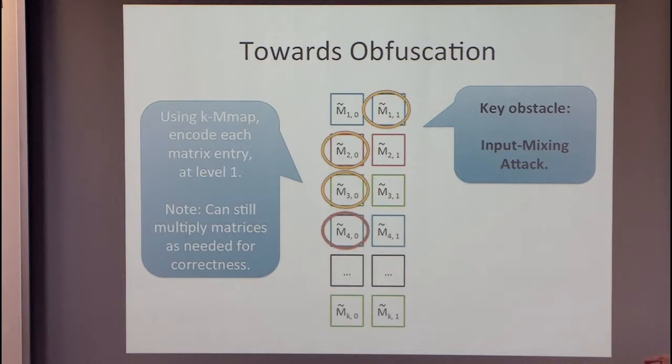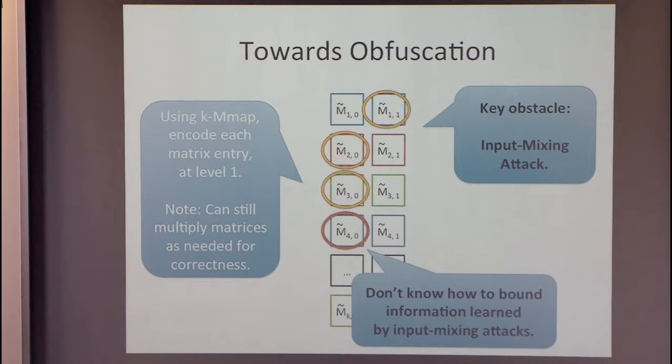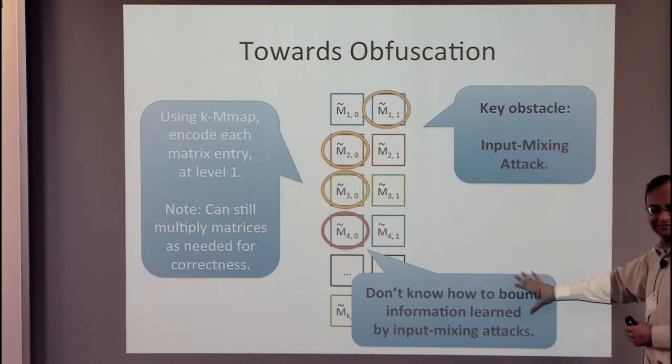I could multiply with this matrix instead. And I can start to mix up these matrices in a way that they're not supposed to be mixed up. It's a really interesting question to understand how much information can be leaked with these kinds of attacks. We don't know how to bound it, and there are certainly examples where these kinds of attacks do leak critical information. So this is a real problem that we really need to solve. Okay?